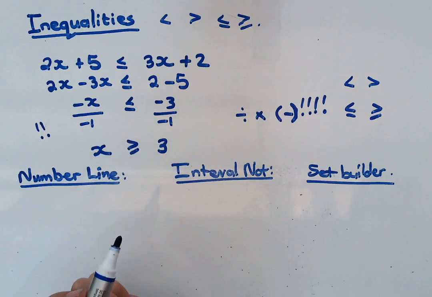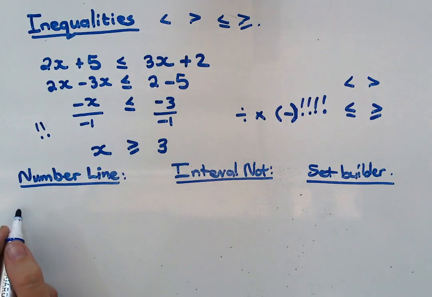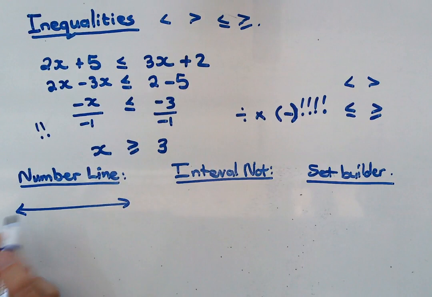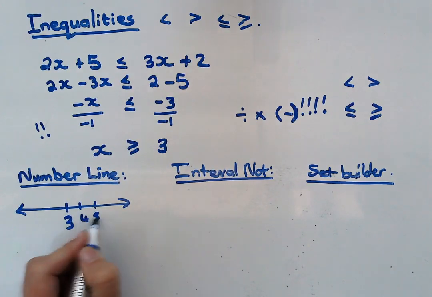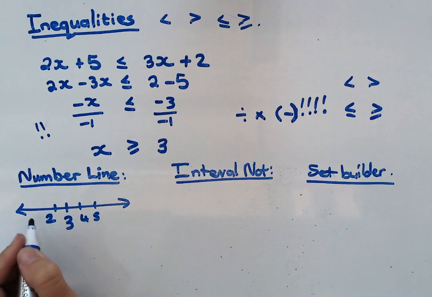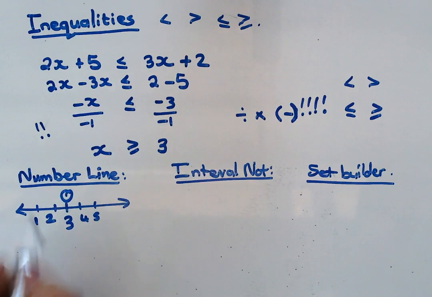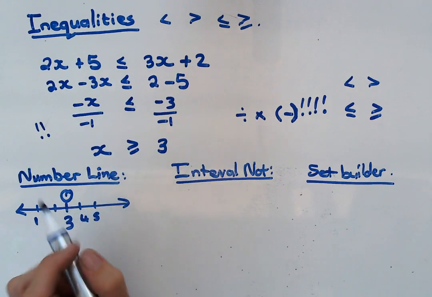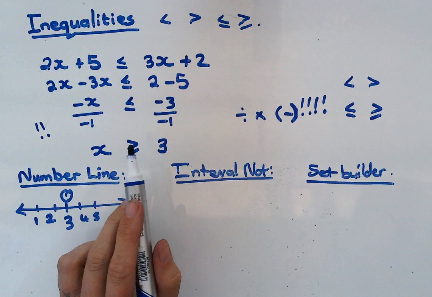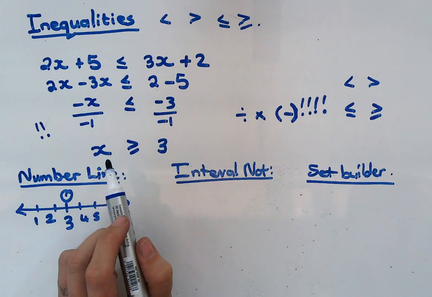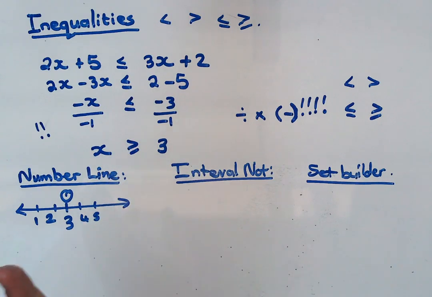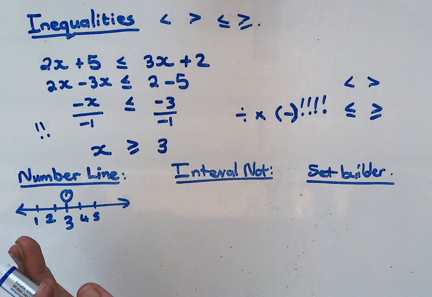Right, so x bigger or equal to 3 on a number line, I need to ask myself, there is 3. Just put 2 numbers that side and 2 numbers that side of the number line, but I'm interested in 3. Right, so I need to ask myself the number that I'm dealing with, or numbers, there can be more than one. The number that I'm dealing with, is it part of the set or not? Is it included in the set or not?